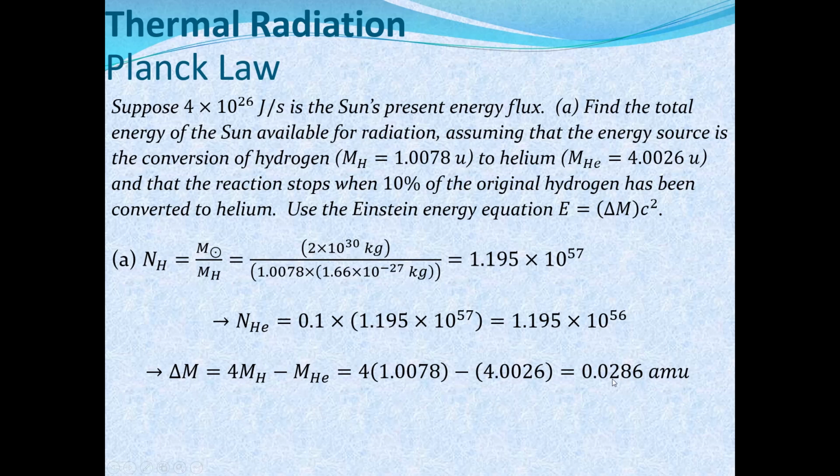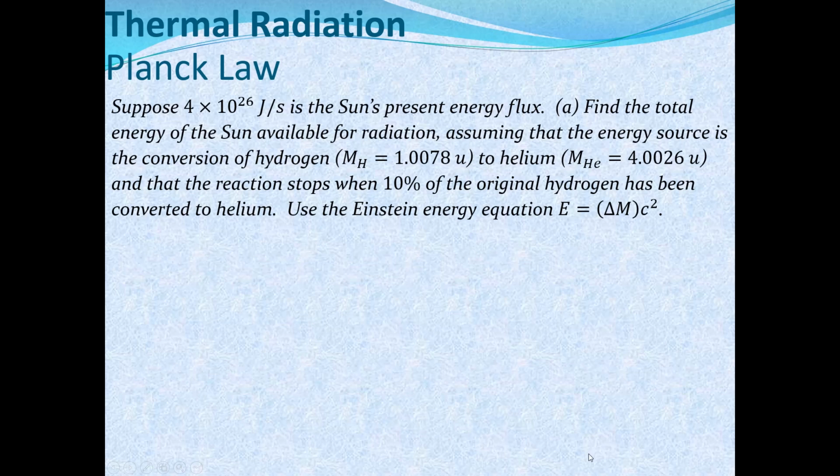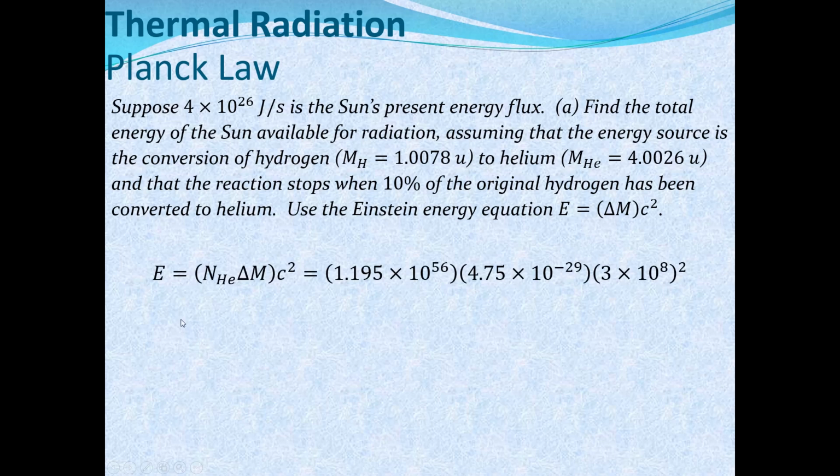And we get the difference in mass is equal to this, 0.0286 AMU, which is also equal to this number of kilograms. So from here, we can find the energy being equal to this. So from here, we end up getting that the energy is going to be 5.11 times 10 to the 44th joules.